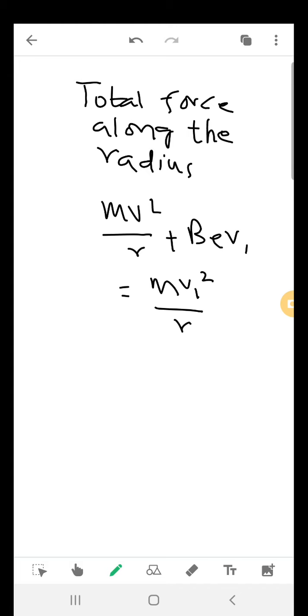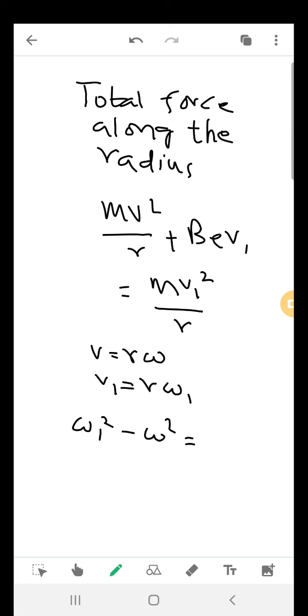On simplification, v is equal to r omega, where omega is the angular velocity, and v1 is equal to r omega 1. Then we obtain omega 1 squared minus omega squared is equal to Be omega 1 divided by m.